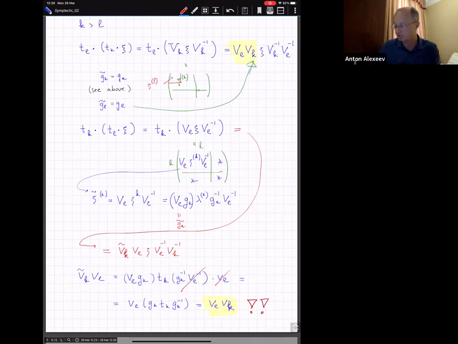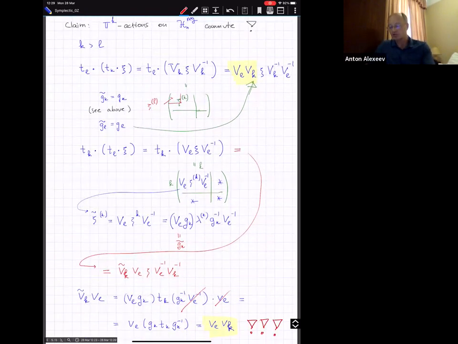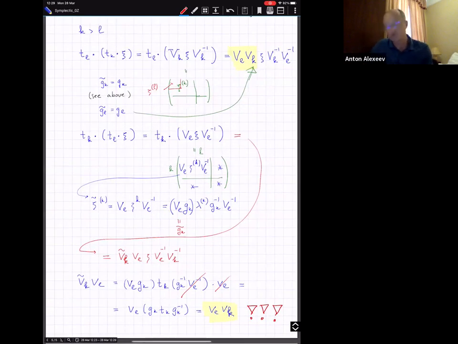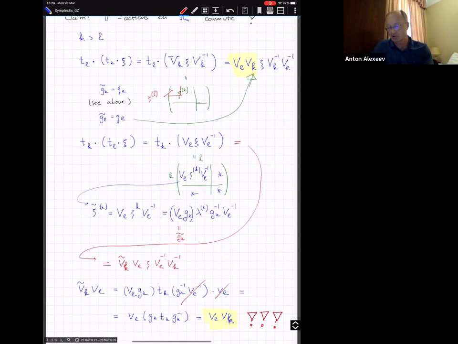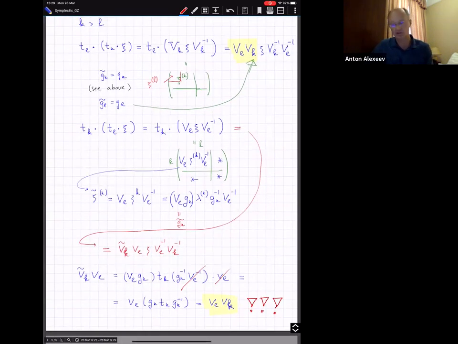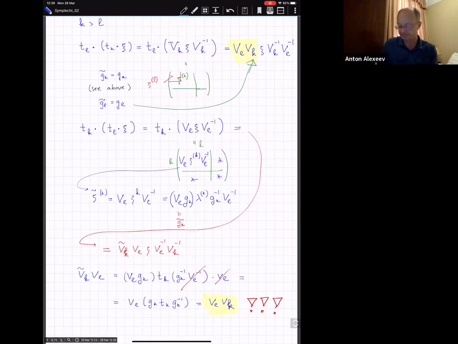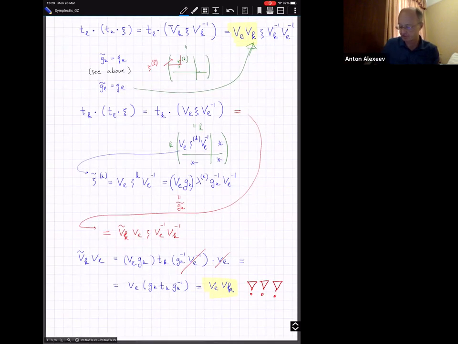So, wow, as I say, to start with, it just doesn't look like an action. And it sounds very improbable that different TKs commute. But now we just proved it.